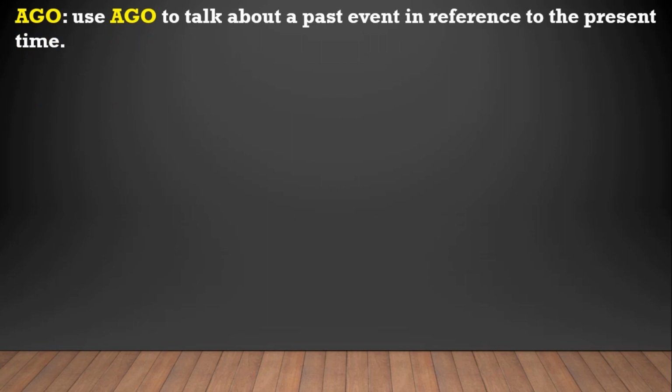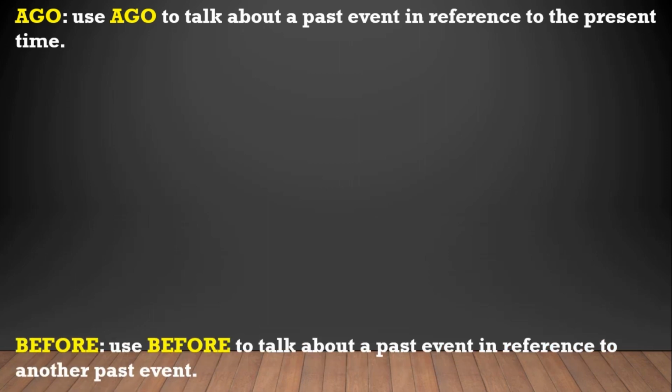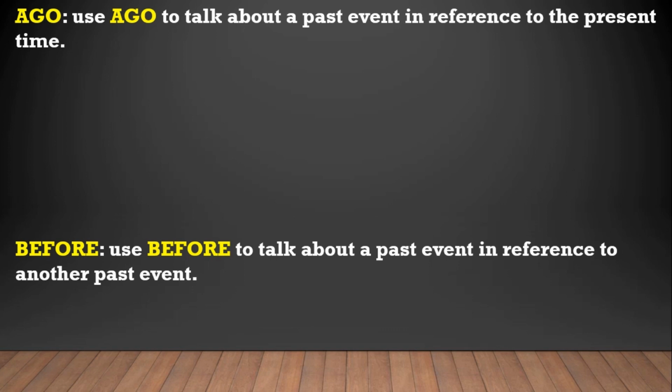Ago: use ago to talk about a past event in reference to the present time. This is really important. Many of the students get confused with these two words, ago and before. Ago is to be used with reference to the present time. We talk about a past event, of course, but with reference to the present time.